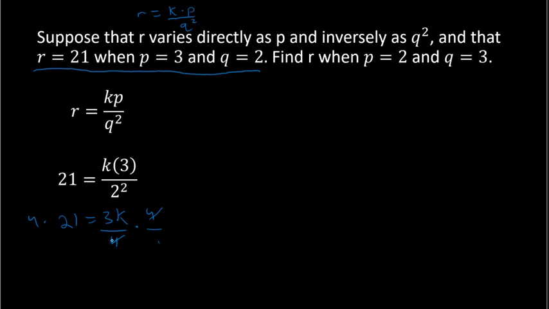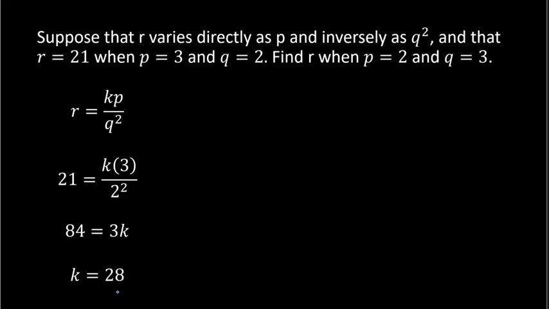So the 4's will divide out. I have 3k equals 84. And then from here I can divide both sides by 3. So I'm going to have k equals 84 over 3, which is going to give me 28. So k would equal 28.